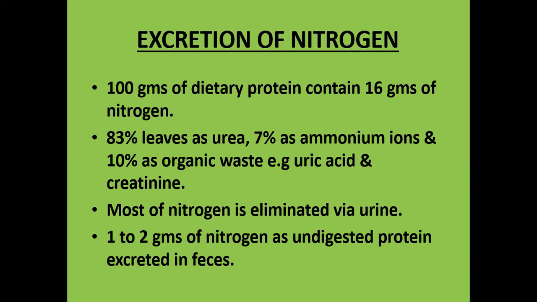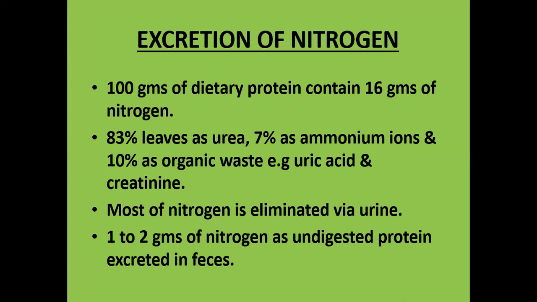It means 100 grams of the dietary proteins contains approximately 16 grams of nitrogen. Now when this protein is utilized, its nitrogen is excreted in different forms. It is excreted in the form of urea, in the form of ammonium ions, or in the form of uric acid.